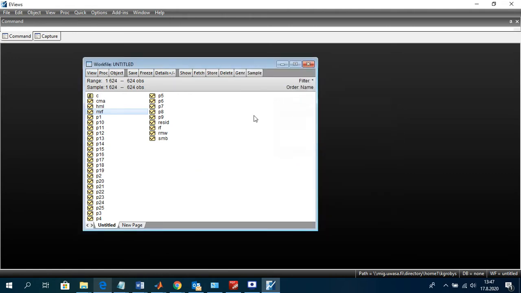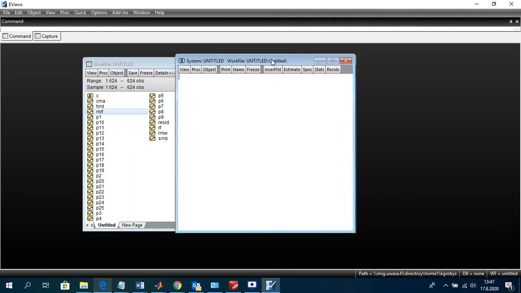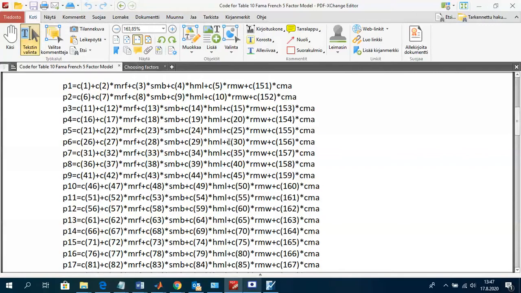So we delete this equation, go on object, new object, and now we go to system, push the OK button. So now we have to code our system of equations in this field. I already provided the code in this file, code for table 10, Fama and French 5-factor model.